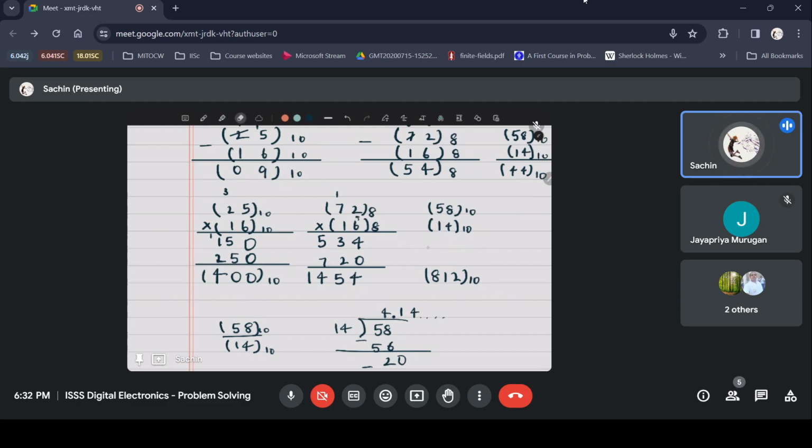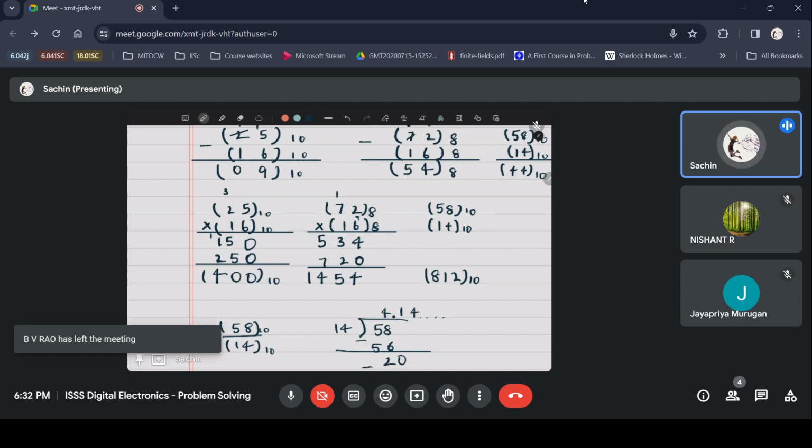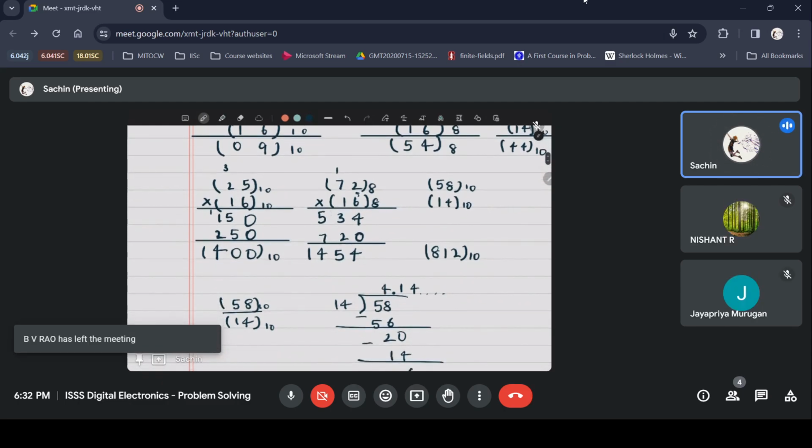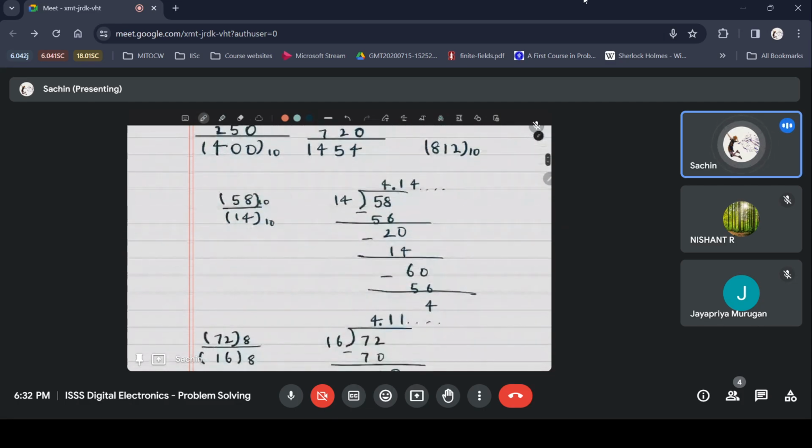And then again you leave a space, you shift by one place, you write a 0 there, you multiply 72 by 1, that will give you 72, and then you add. So you'll get a 4, 3 plus 2 is 5, 5 plus 7, it's a 12 in decimal, but in octal you subtract 8, you'll get a 4, and that remaining 1 you carry it over, so it's 1454. The same way you can do division also.